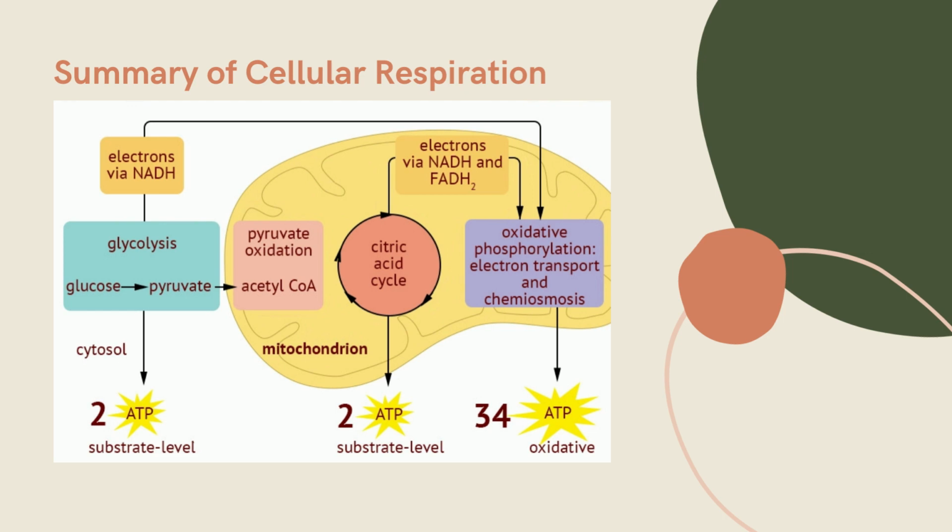These will then carry high energy electrons to the electron transport chain to undergo electron transport. Electron transport will then allow us to produce ATP through the accumulation of hydrogen ions inside the intermembrane space. So that is the whole process of cellular respiration.